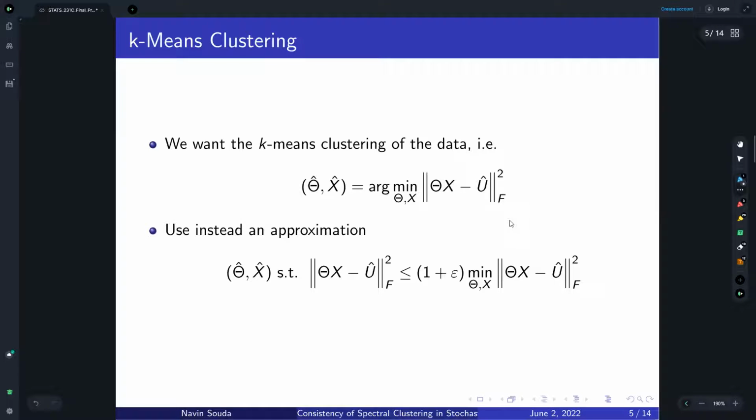But it's well known that it's really hard to find the global optimum of the k-means clustering problem. There are algorithms that can get you within some epsilon tolerance of this optimum in polynomial time. And so for the sake of practicality, the authors just use this approximate method, which gets us within 1 plus epsilon times the minimum.